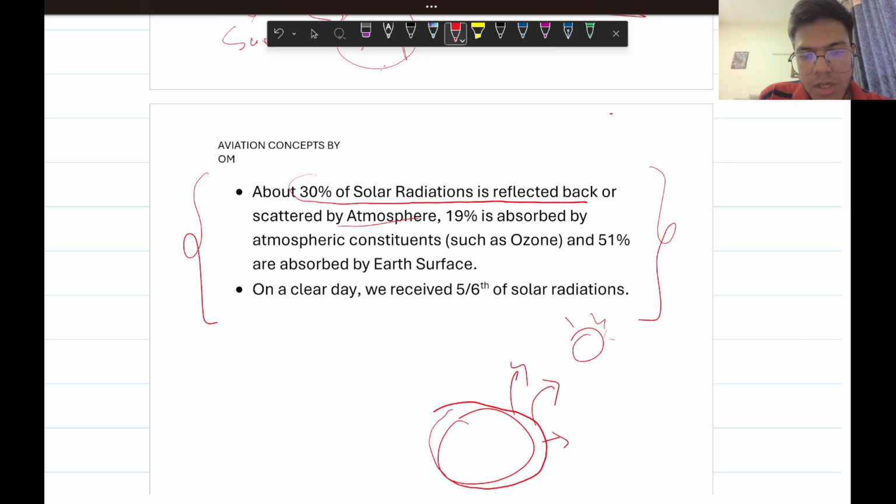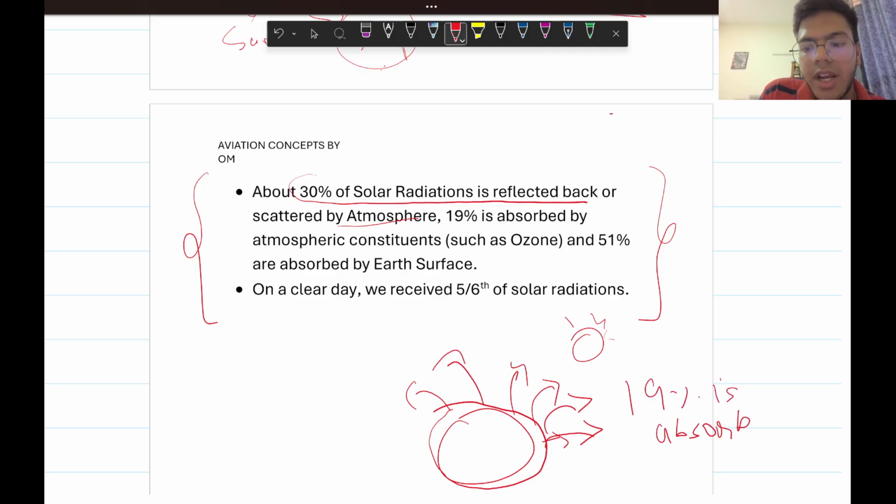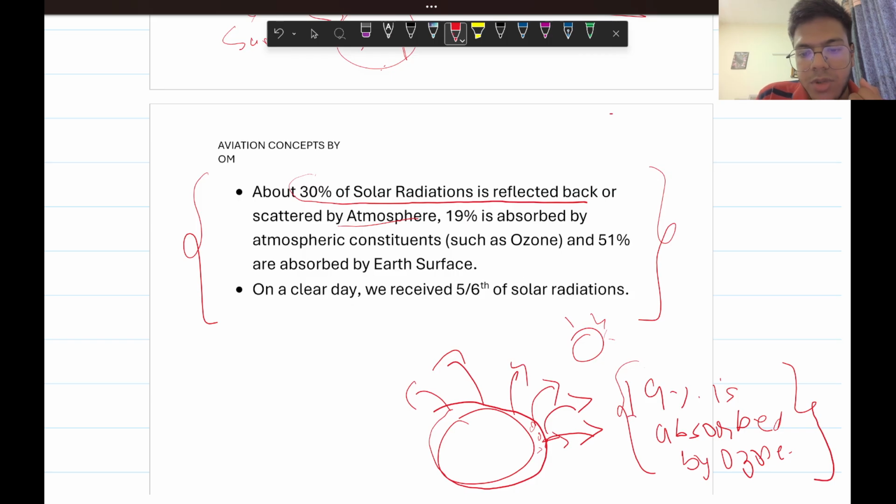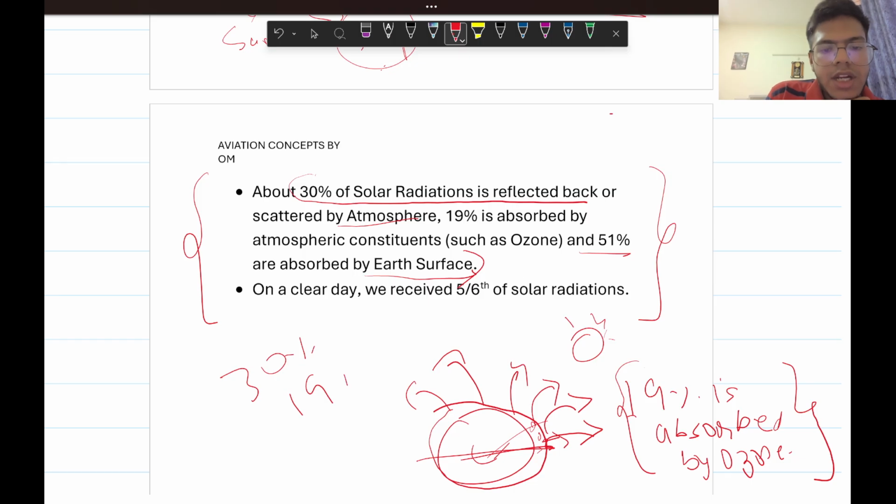So almost 30% of radiation is reflected or scattered back by the atmosphere, and almost 19% is absorbed by ozone, which absorbs ultraviolet rays. That's why we say the ozone layer is very important, because if there were no ozone, this extra 19% of radiation would also reach the earth and it would get even hotter. And 51% is absorbed by the earth's surface. The remainder comes to the earth, because 30% is reflected, 19% is taken by ozone, and what is left comes directly to the earth.